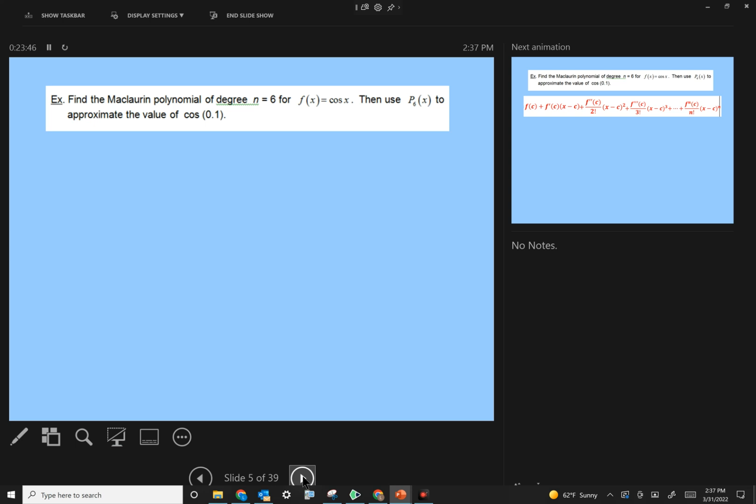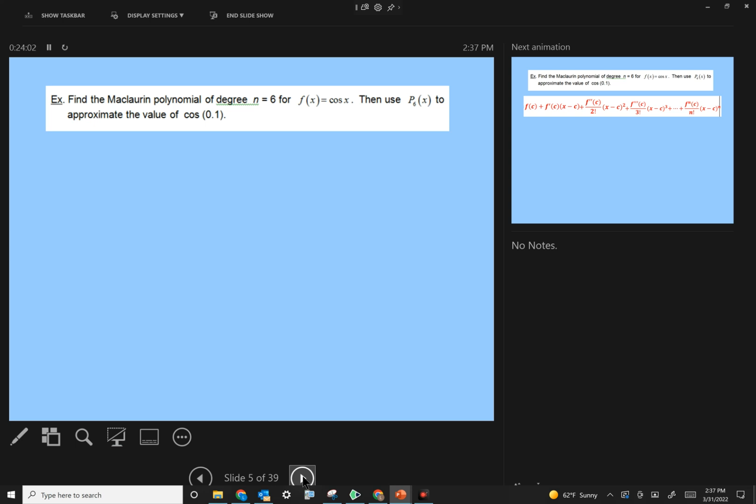Good? It says, then use that polynomial to approximate the value of cosine of 0.1. So basically, I'm trying to plug in 0.1 everywhere I see an x.